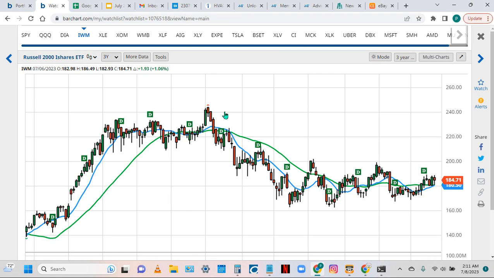So you can still see it's kind of in the middle of a range. It has shown some near strength in the last 4 or 5 weeks. I think it's a decent value here if that's something you're looking to invest in.